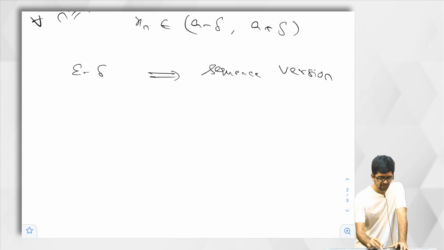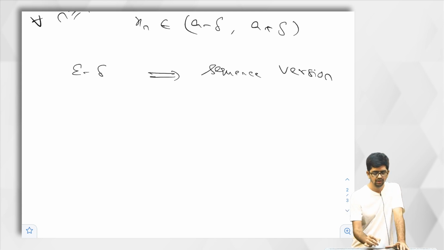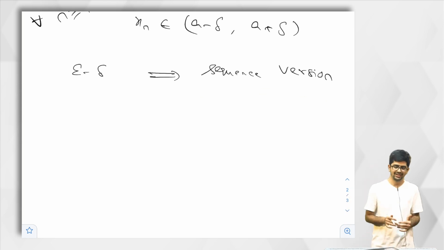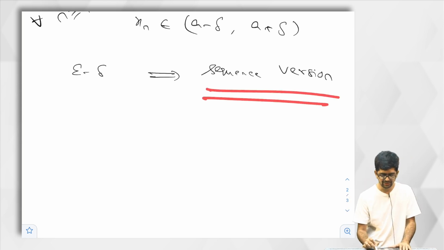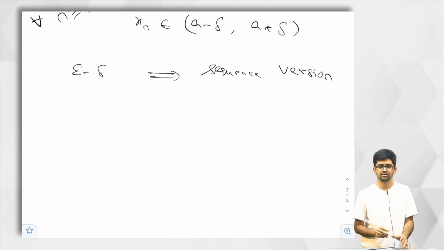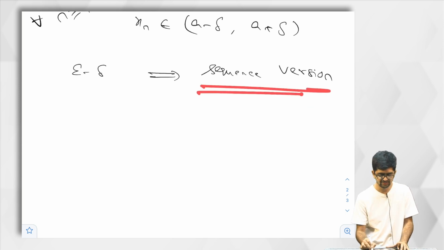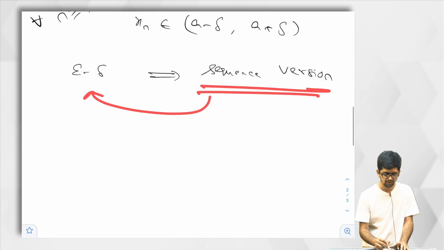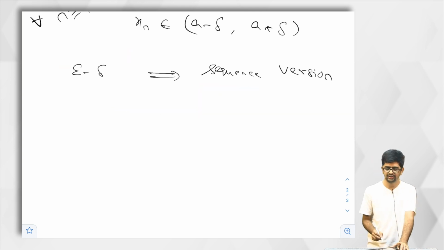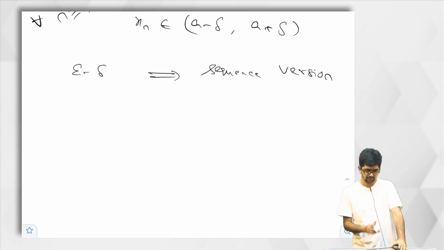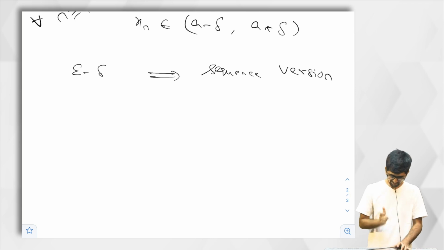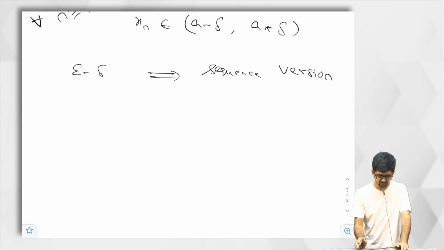Now let us try the other way. Suppose we know that a function f satisfies the continuity condition in the sequence version. Let us try to use this idea: use that it is sequence continuous and prove that it is continuous using the epsilon delta description. So what do we do for that?